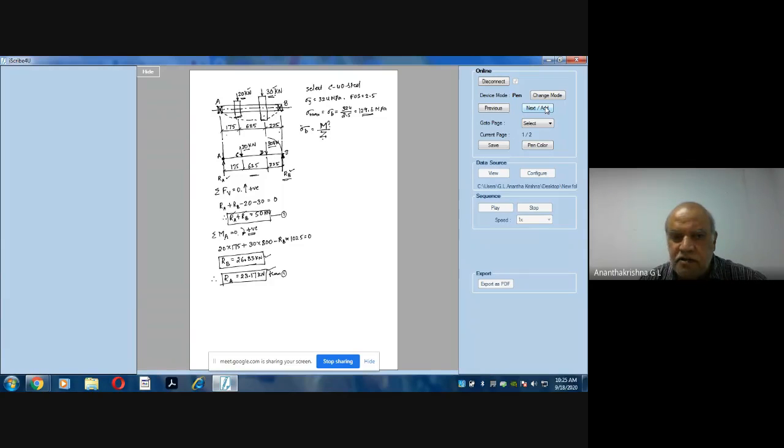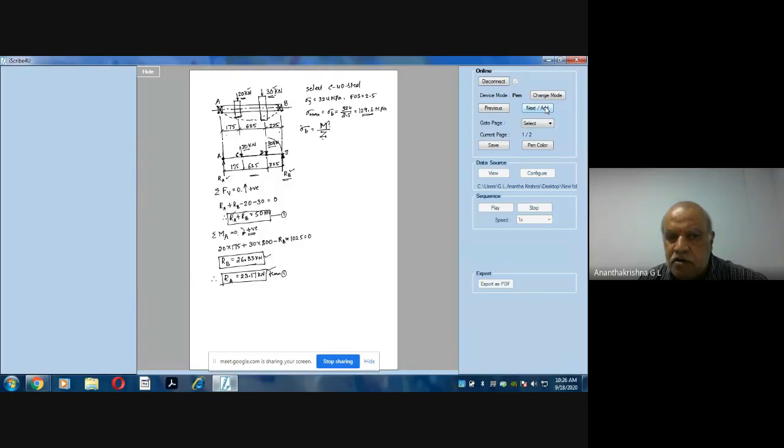What does it say? It is the algebraic sum of all the moments, okay? Algebraic sum of all the moments either to the right of the section or to the left of the section, correct?